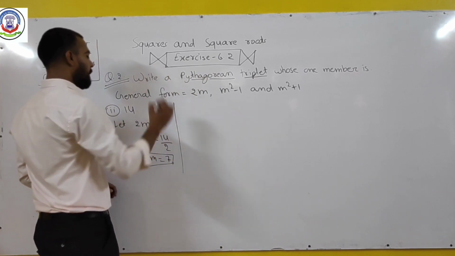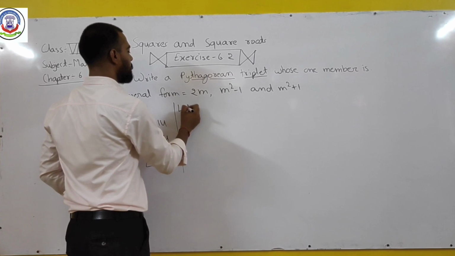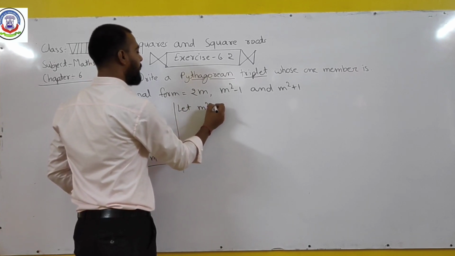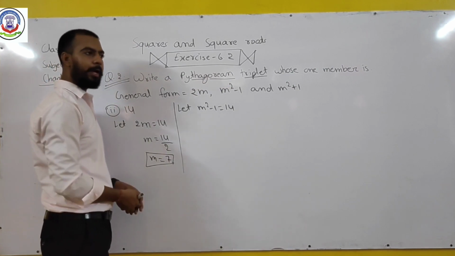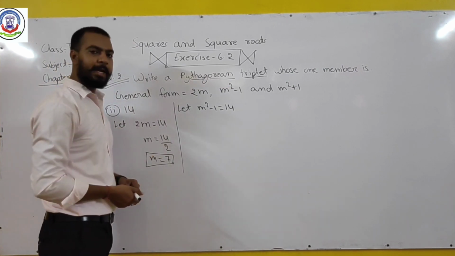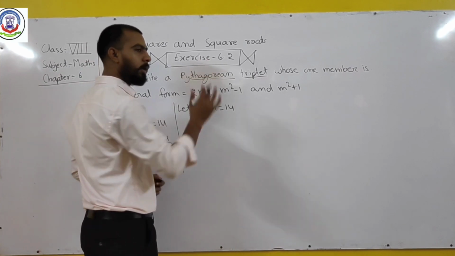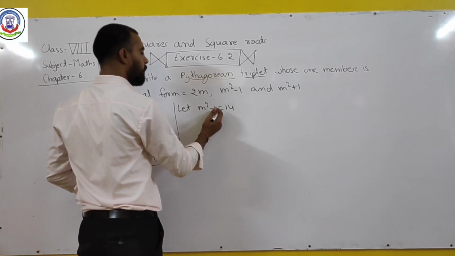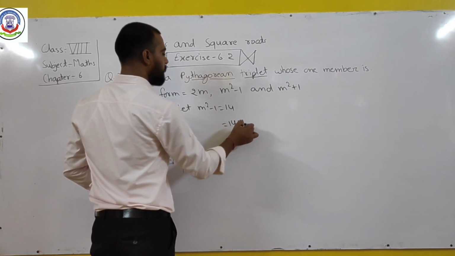Okay. Then next, let m square minus 1 is equal to 14. Means let's assume that 14 is the second member. Then we will put m square minus 1 is equal to 14, and we have to take this 1 to the right side of equals.